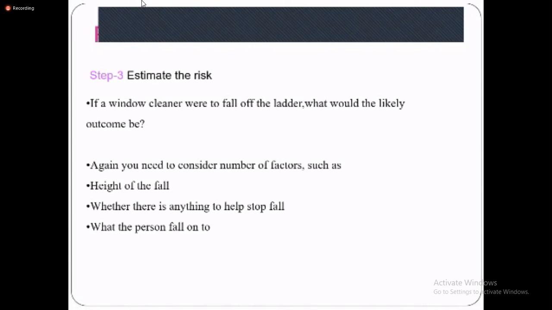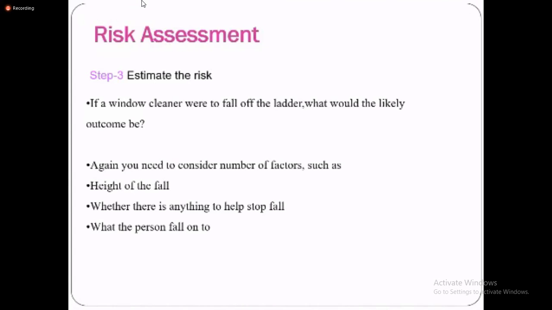I said when you want to estimate the risk, there will be two factors. One is likelihood. What is the other one? Risk equals likelihood times consequence, the outcome of that, right? So what is the outcome?